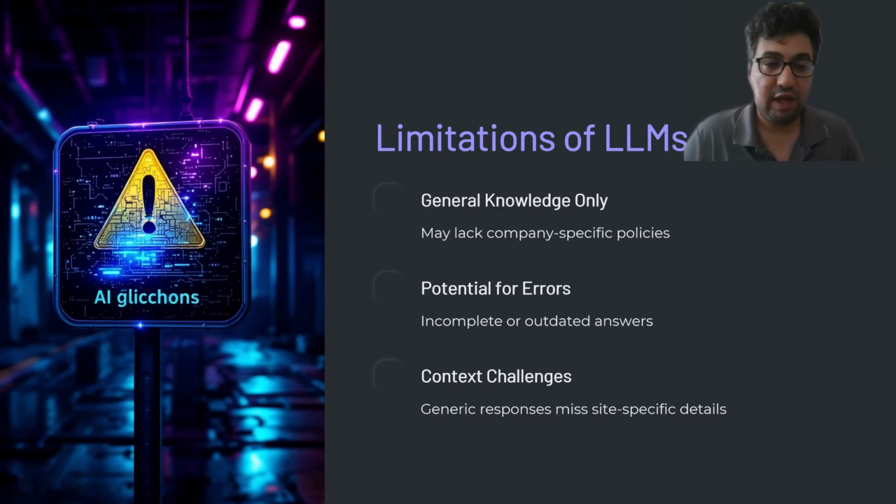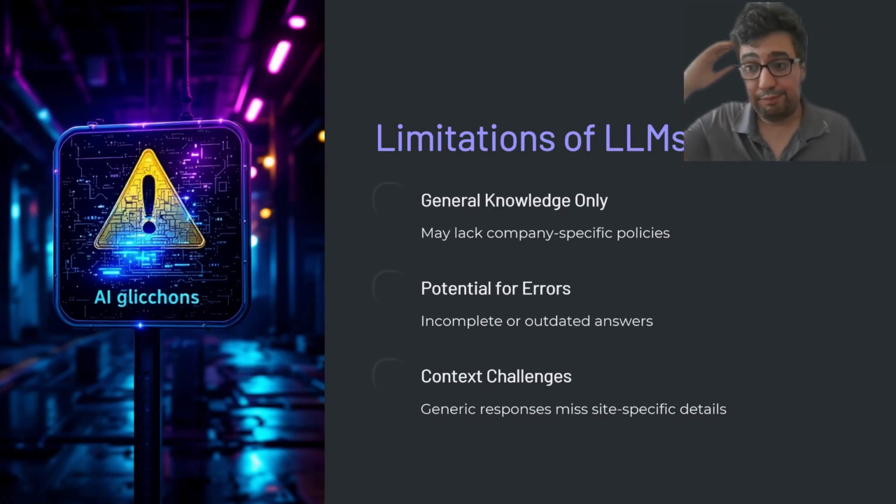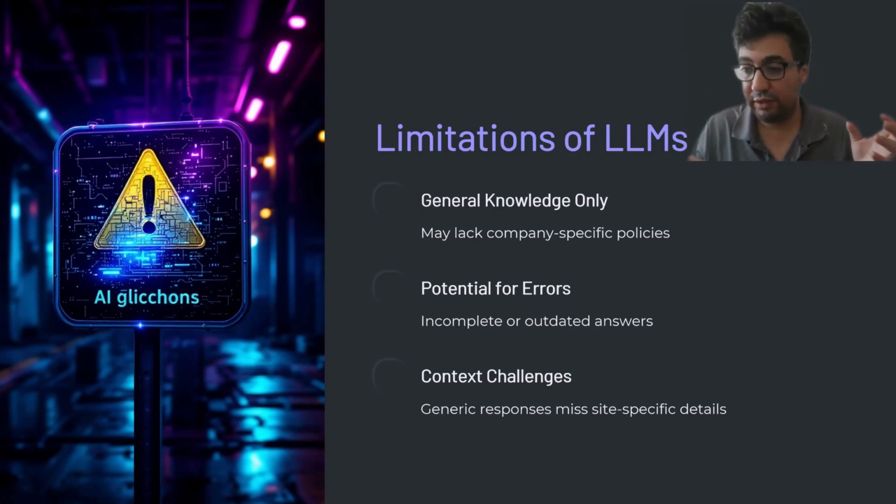They also have a potential for errors, and we call these errors hallucinations, because LLMs are basically a giant machine that is very good at predicting the next word for an answer to your question. That's what it does.